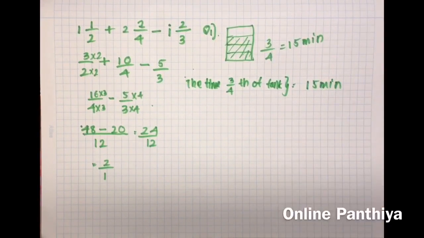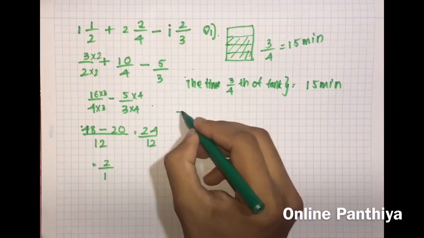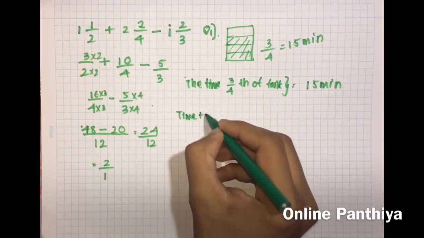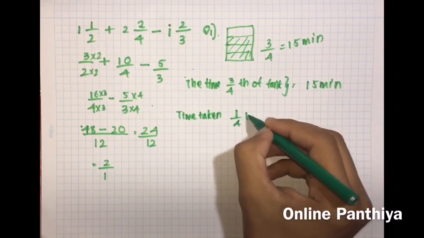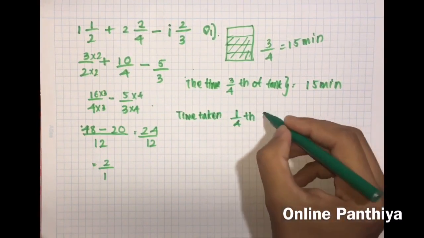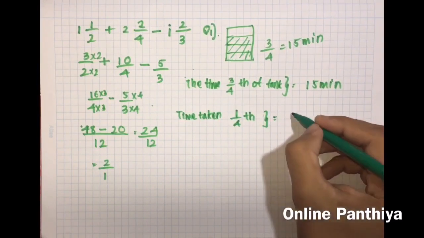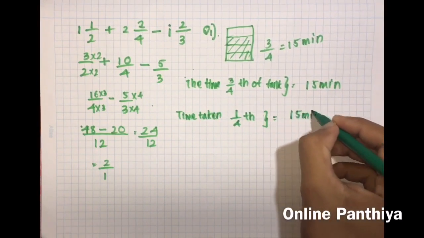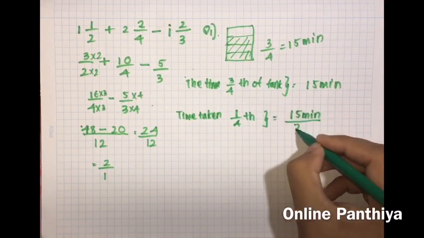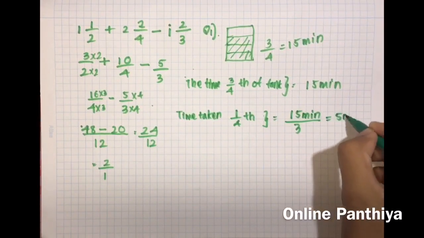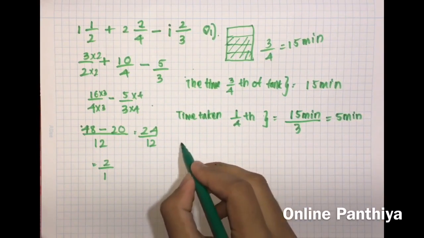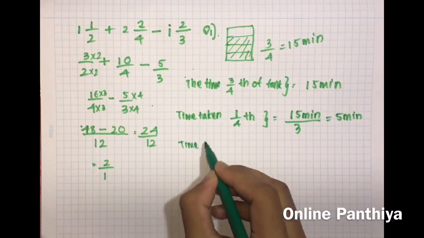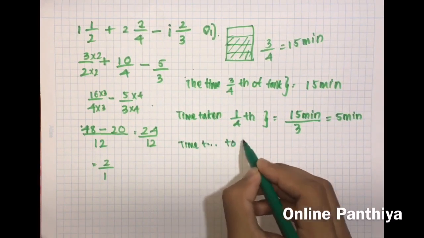The next sentence I am going to write is the time taken to fill 1/4 of the tank. 1/4. So what should you do? You have to divide 15 minutes by 3. That is going to give me 5 minutes. Okay, now you have to find the time taken to fill the whole tank. So time taken to fill the whole tank.